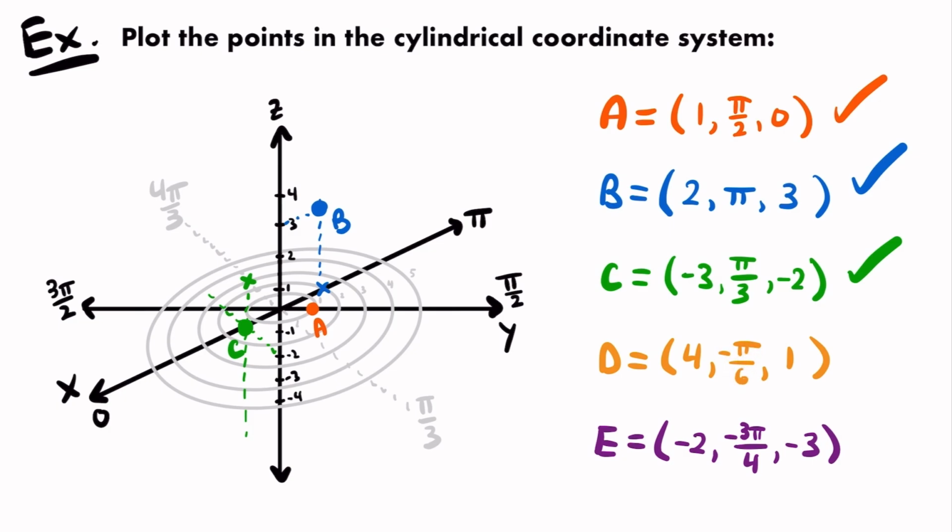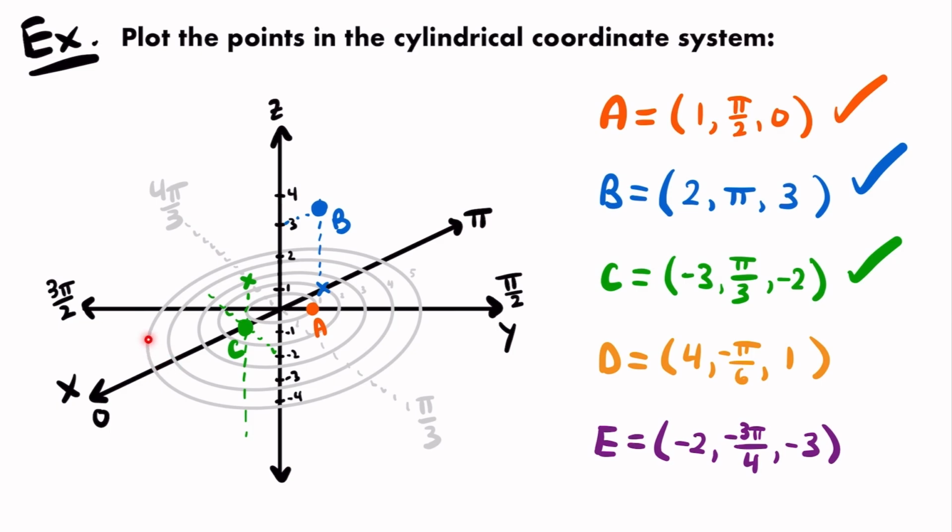It's negative pi divided by 6, which seems tricky at first, but remember that if the angle is negative, you're just going to be measuring it in the opposite direction. All right, so typically when we measure angles, we go this way, right? We go to pi divided by 2, then pi, then 3 pi divided by 2, then 0, or essentially 2 pi. And so if we have a negative angle, we're going to go the other way.